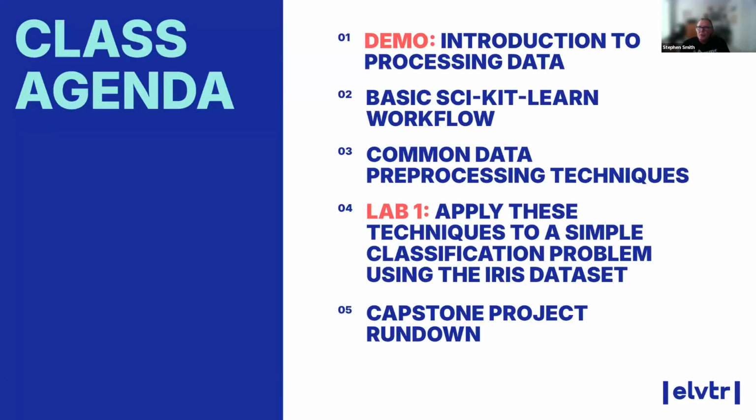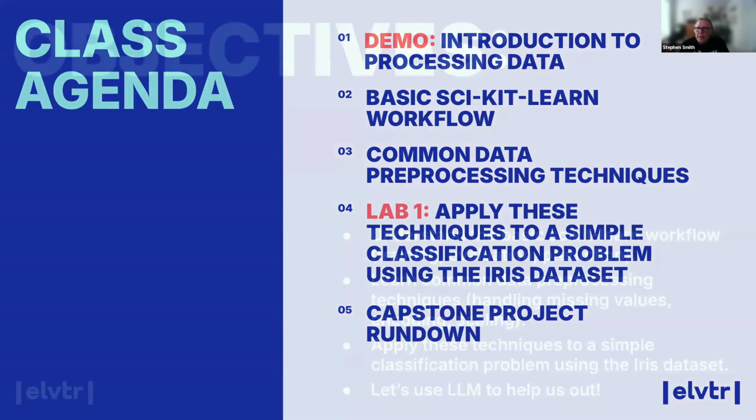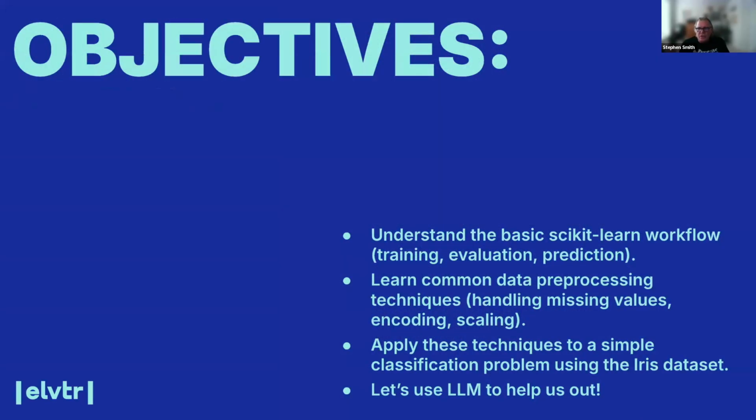We're going to go through an introduction to processing data, the basic scikit-learn workflow, and some pre-processing techniques. We're going to do a simple classification problem using scikit-learn. Here are the objectives. I want to make sure you understand the basic scikit-learn workflow and common data pre-processing techniques.